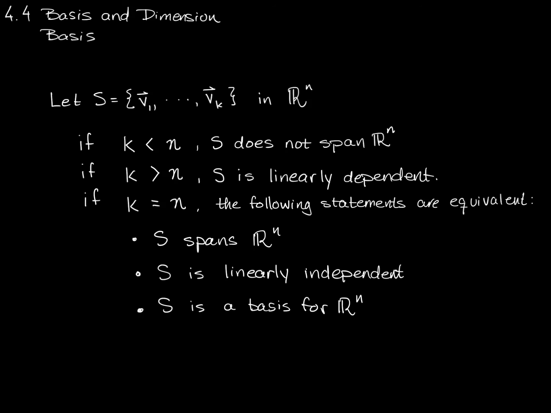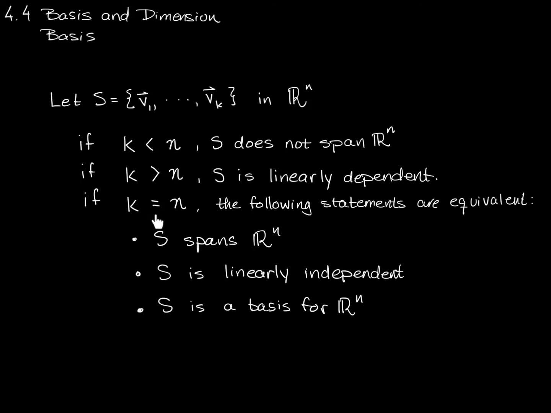We said that the definition of a basis was that the collection spanned the space and was linearly independent. But now we're saying that you only need one of these for the collection to be a basis, because all 3 of these are equivalent. If I know S spans Rn, then I also know that it's a linearly independent collection, and therefore it is also a basis.